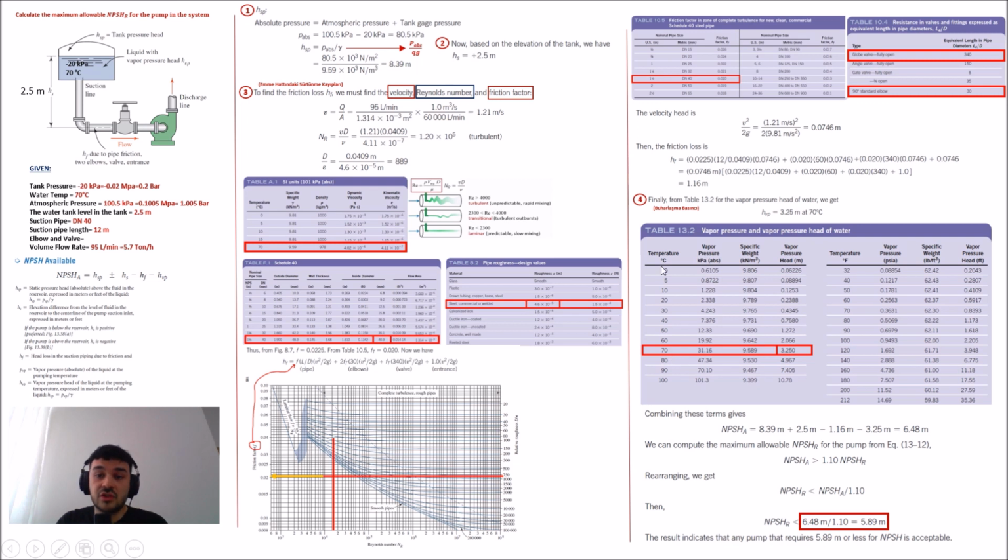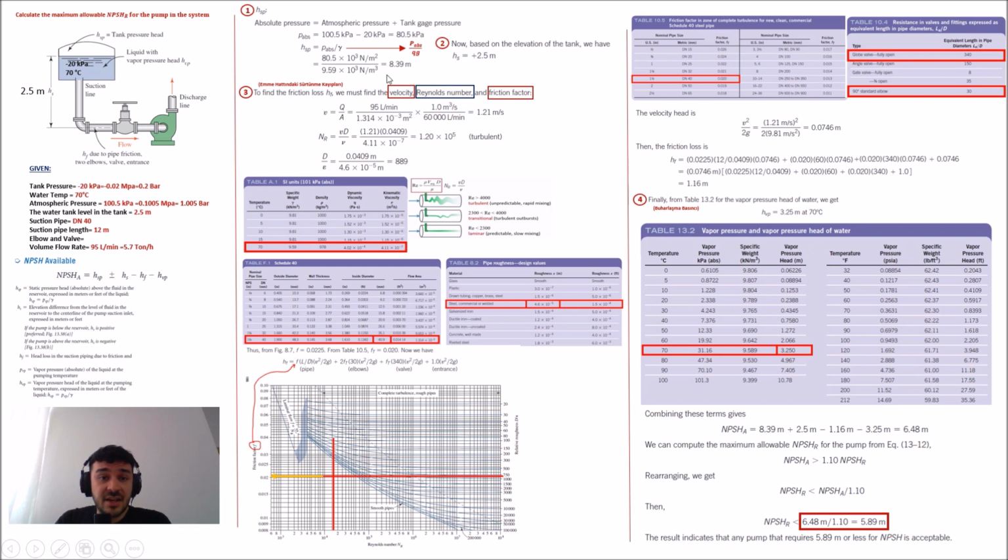So what is the temperature? 70. What is the vapor pressure according to this temperature? 3.250. And this is our pressure head in meters.